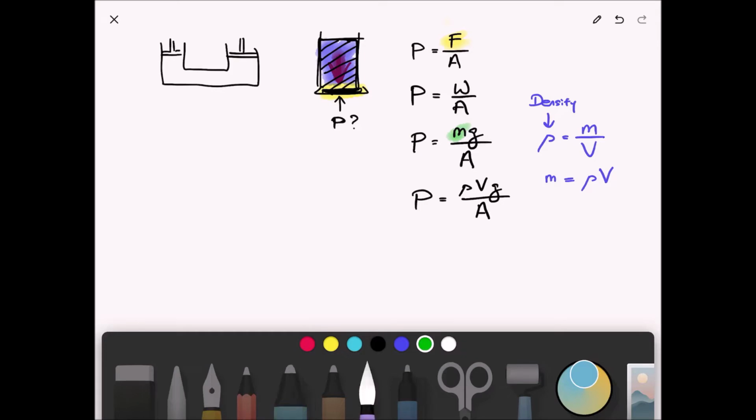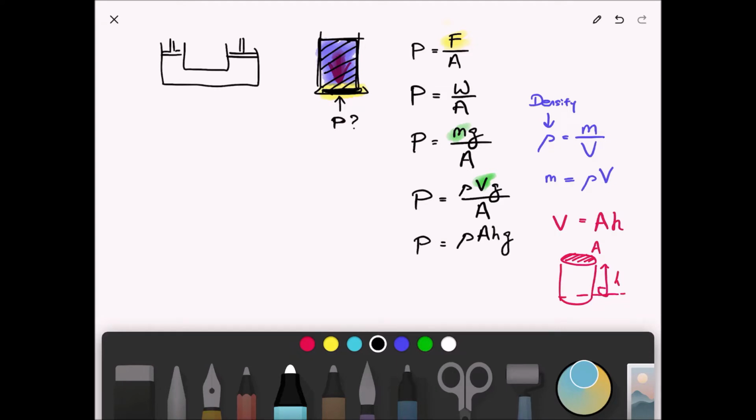Now if you remember, the volume of a cylinder is given by this equation, right? Volume is given by cross-section area multiplied by the height of the column. So if my liquid column is like a cylinder, then I just need to take this area and multiply by the h, the perpendicular height to the base. So this formula would become like this.